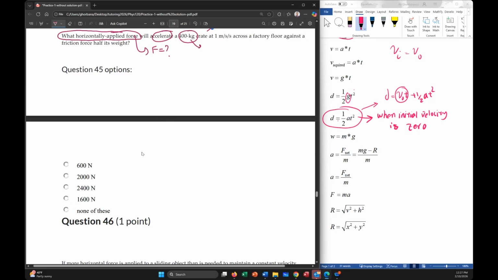What is the 400 kilogram? Mass. What is this value? Acceleration, 1 meter per second squared. Meter per second is the unit of velocity. Meter per second squared is the unit of acceleration.